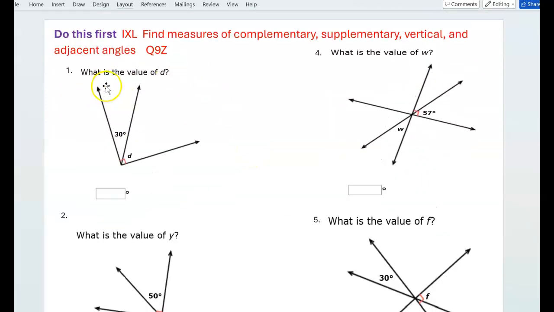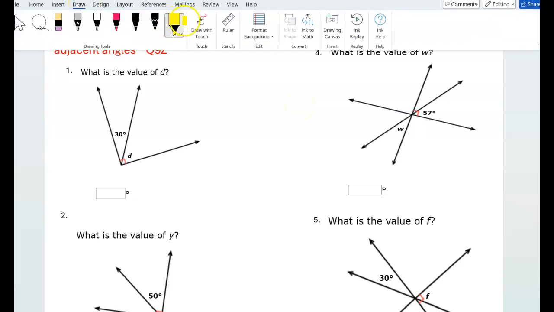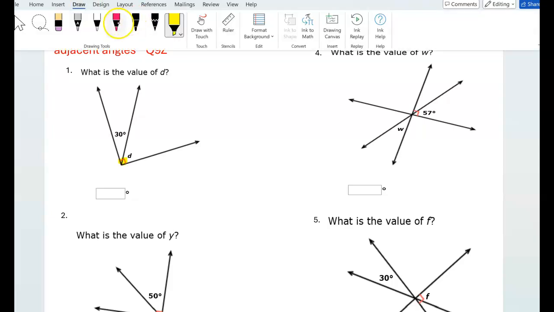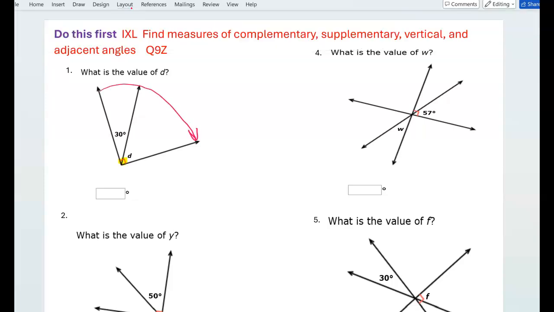Okay, number 1, what is the value of D? Well, we can see right away that this is a right angle, and right angles are equal to 90 degrees. So this whole angle is equal to 90 degrees, so we're going to set it equal to 90 degrees.